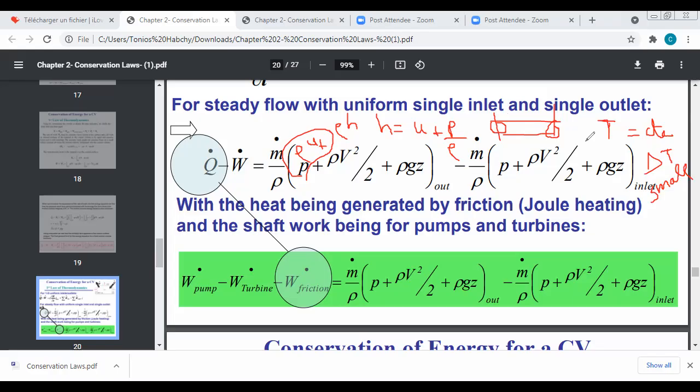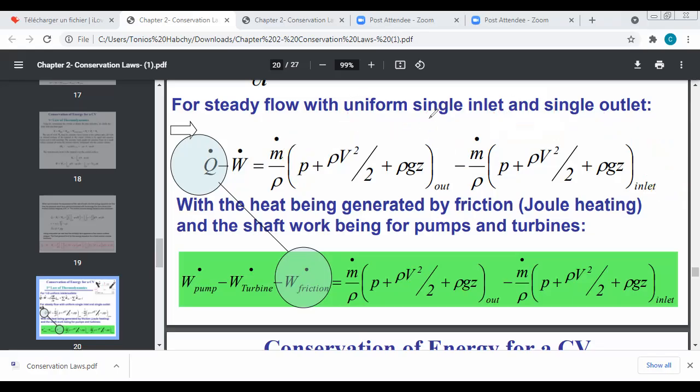But if I'm talking about flow of water, so I'll always have water, I don't have transformation into vapor, then if I have small delta T or nearly constant temperature, I can neglect delta U variation. So instead of dealing with enthalpy, which is U plus P over rho, I can just say that the internal energy term can be neglected.